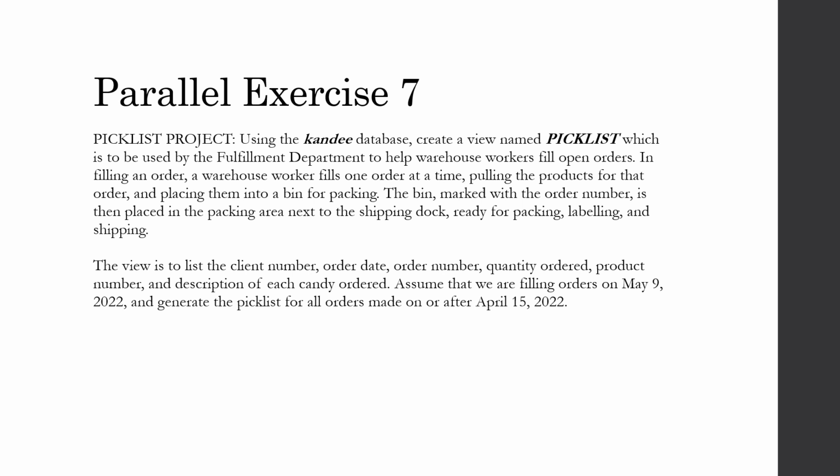The bin, marked with the order number, is then placed in the packing area next to the shipping dock, ready for packing, labeling, and shipping. The view is to list the client number, order date, order number, quantity ordered, product number, and description of each candy ordered. Assume that we are filling orders on May 9th, 2022, and generate the pick list for all orders made on or after April 15th, 2022.